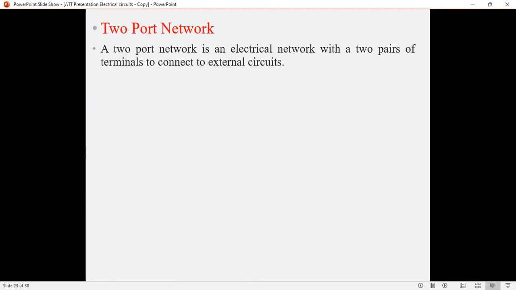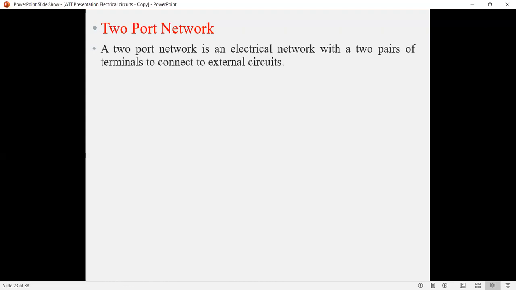So a two-port network is one type of electrical network with 2 pairs of terminals to connect to the external circuit. If the external circuit is an input circuit, then it is called the input port.